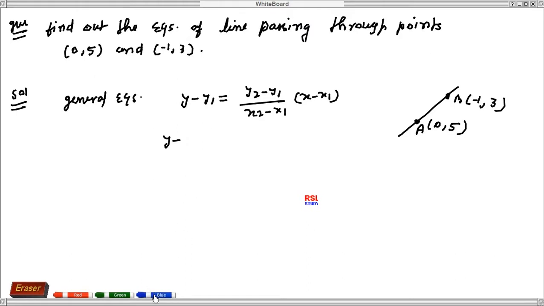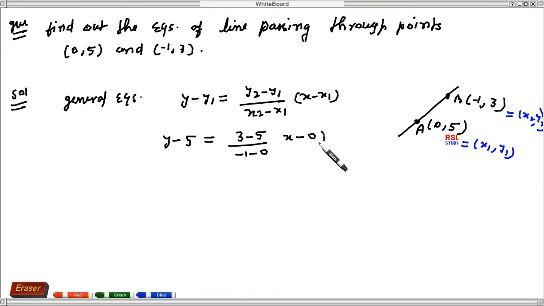So we will put the values. Suppose this is x1 and this is y1, this is x2 and this is y2. So we will put here the values of x1, y1 and x2, y2. So y1 is here 5, and y2 is here 3, and the point is 0, 5.